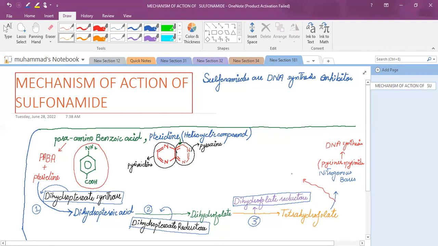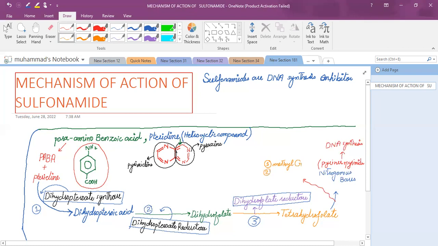Those functional groups are responsible for the synthesis of purines and pyrimidines. For example, the methyl group.